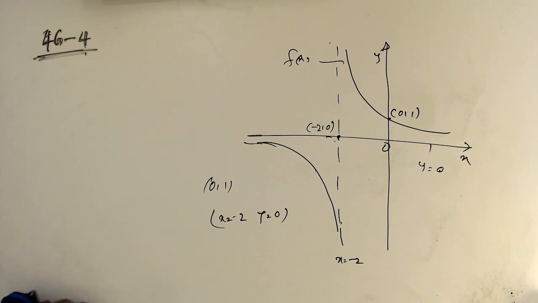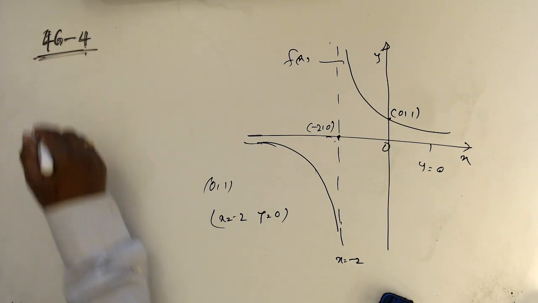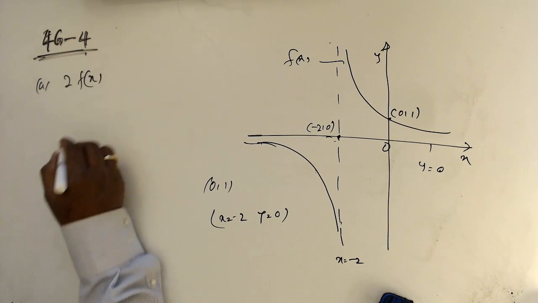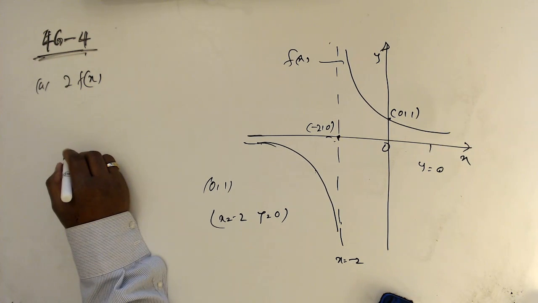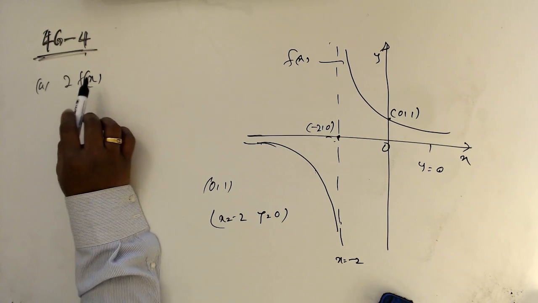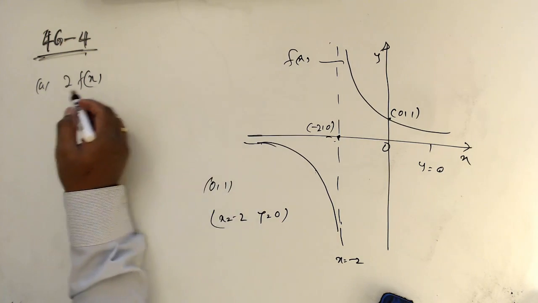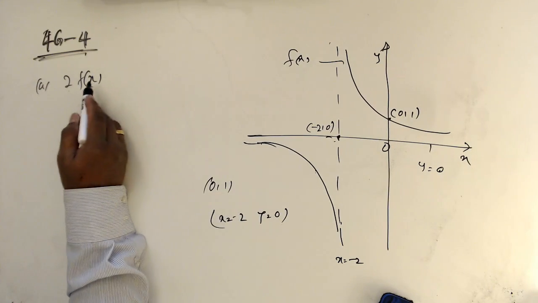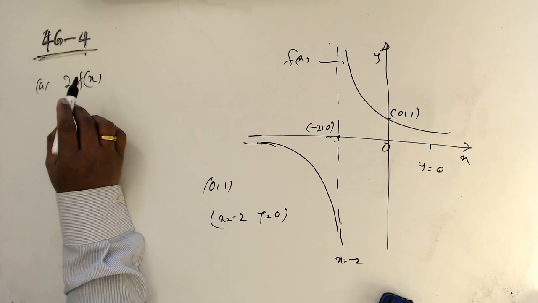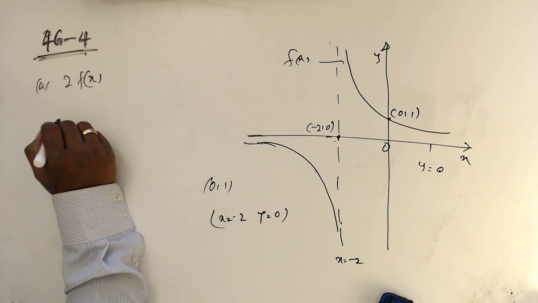Right. What is the first one? A is 2f(x). When I compare with f(x), this 2 is outside. It's not relevant to any x values. This 2 will only affect the y values.